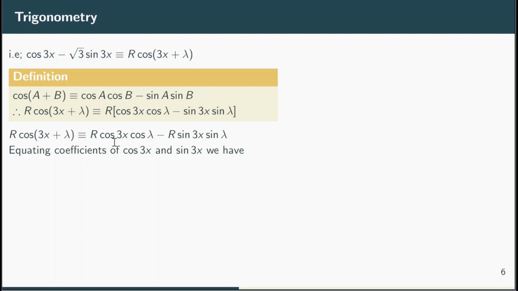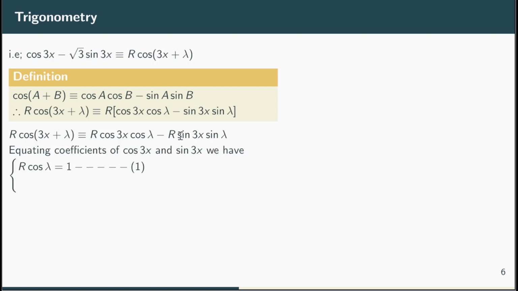Now let us write it out and see. The coefficient of cos 3x on the right hand side is r cos lambda, because r cos lambda is that constant multiplying cos 3x, and the coefficient of cos 3x on the left hand side is 1, because 1 is the value multiplying cos 3x. So I can form the first equation saying that r cos lambda equals 1.